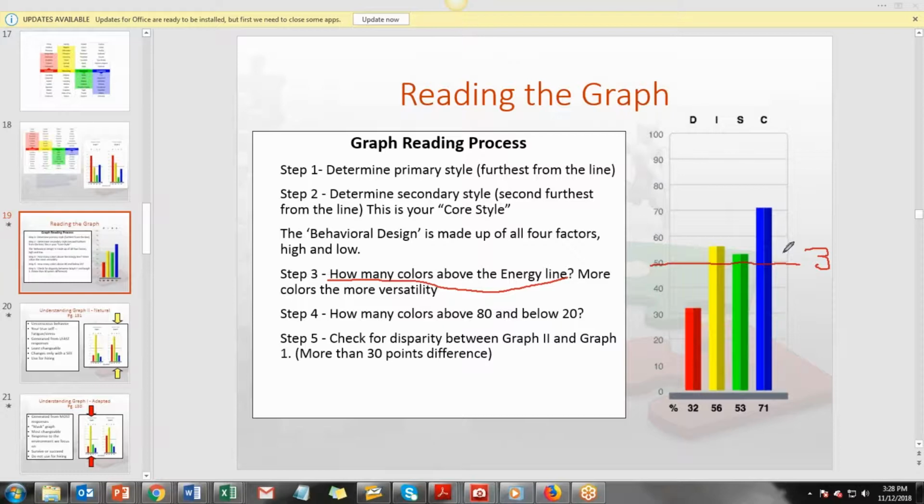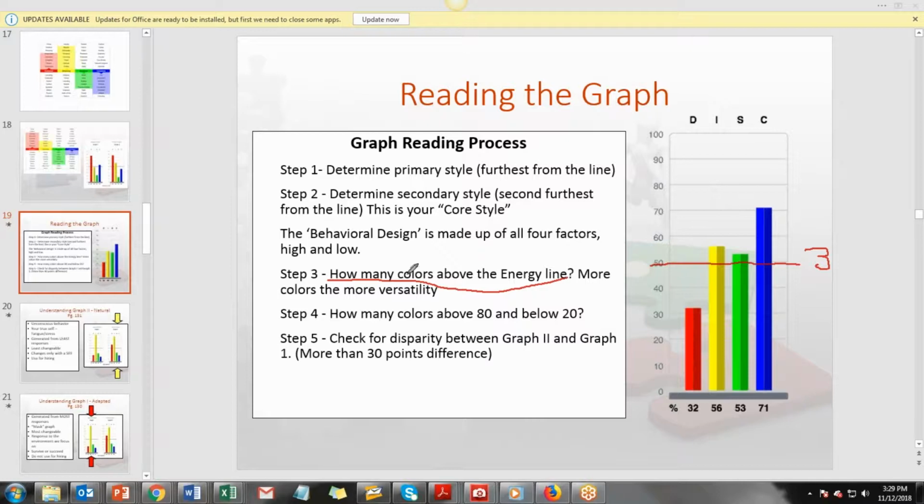Hopefully that answers your question. So it would be very infrequent that we would see someone with all four above the energy line. You will never see that. If I ever see that person, I should forward them on to you. You need to call 911 if you ever see someone with four.